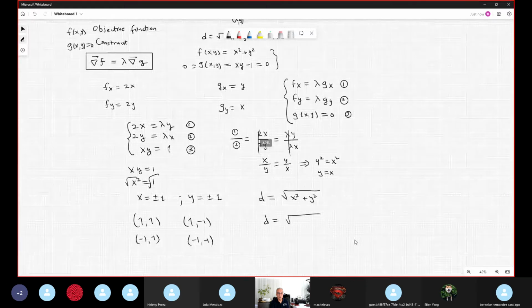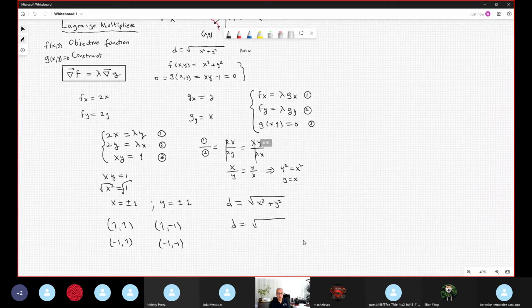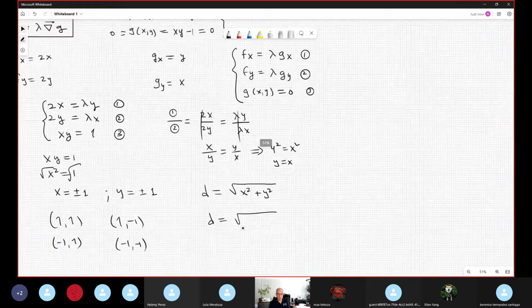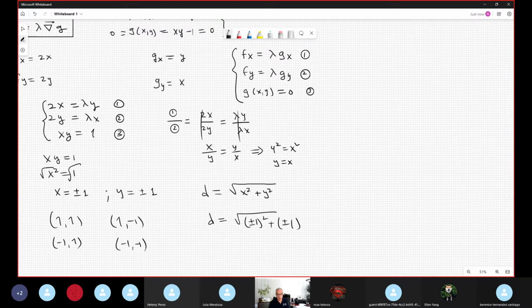When you substitute, the sign doesn't matter, plus or minus in y squared and x squared. I do it simultaneously because when it's a square it's positive, 1 plus 1 gets 2, and the answer is radical 2.